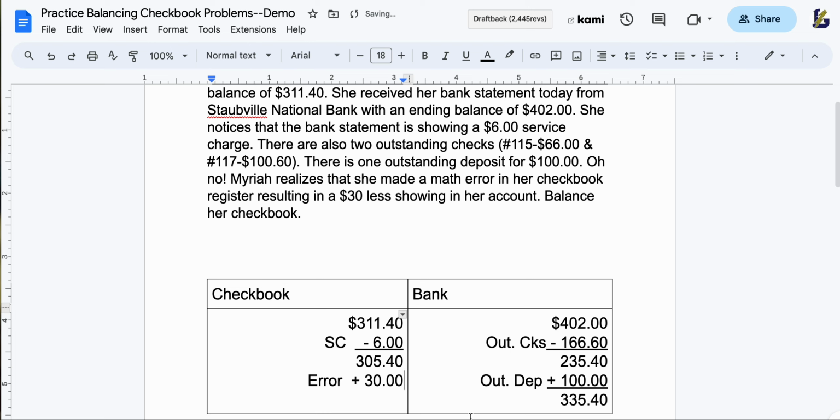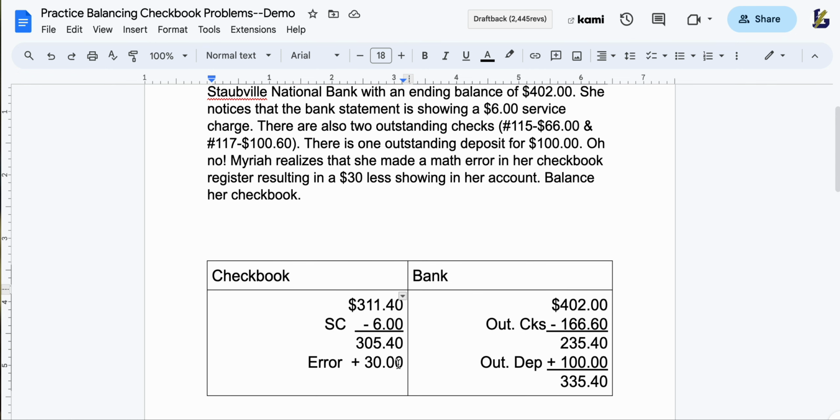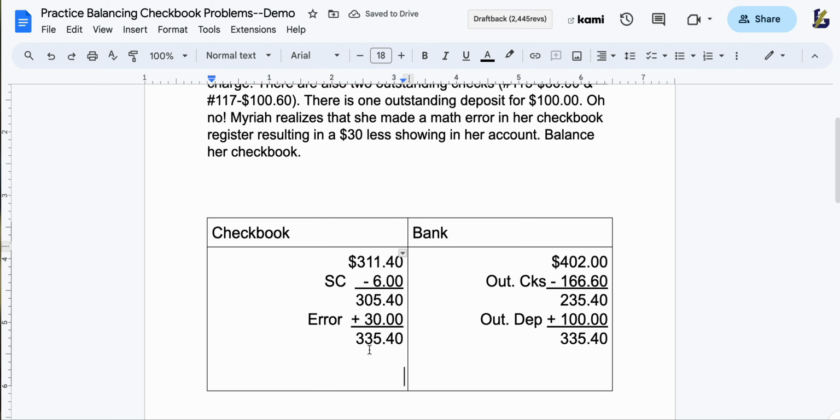And it kind of helps that I know I'm $30 off here. Once I add that back in, I now get $335.40. All right, congratulations. The numbers are now equal, so now our accounts are balanced.